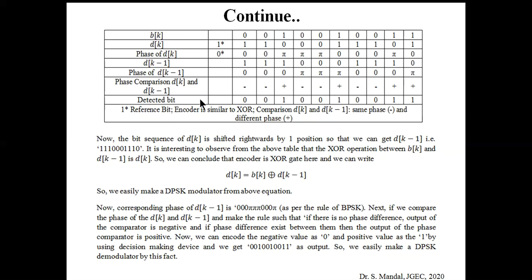So ultimately what we get is the demodulated wave. By using this logic we can create the demodulator of DPSK. So how can we create the demodulator section? We need to know the phase of dk and phase of dk minus 1. We need to compare them, and after that we need to encode the corresponding phase difference in terms of 0 and 1.